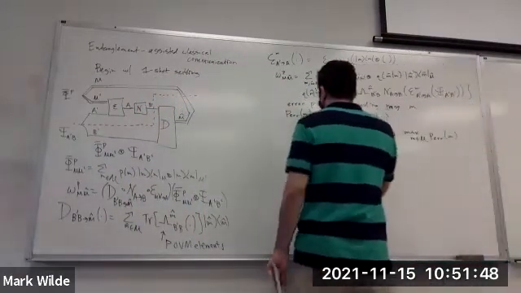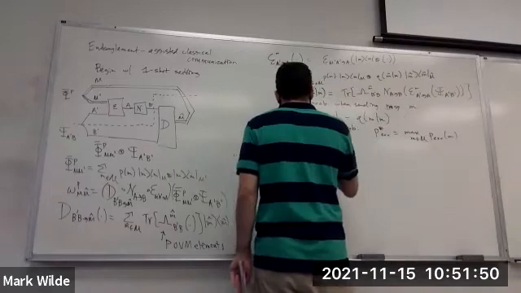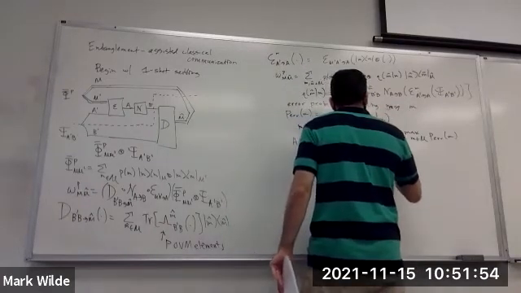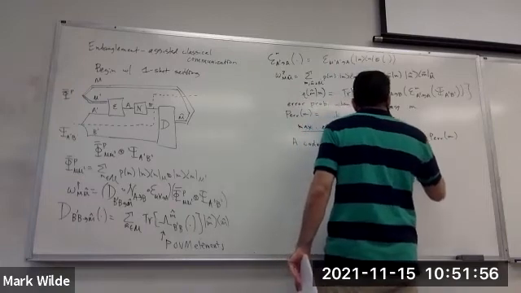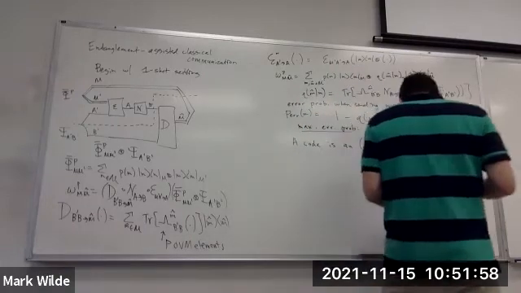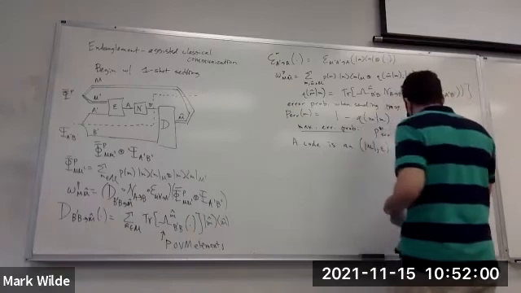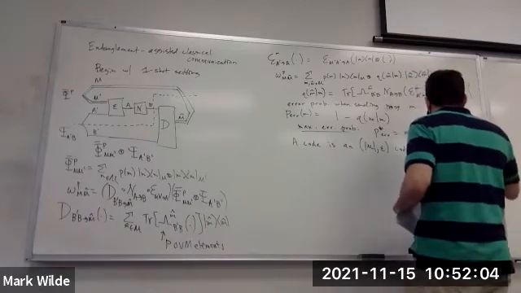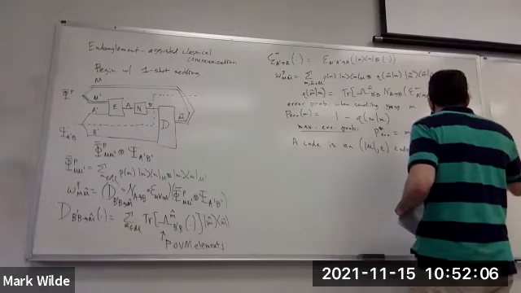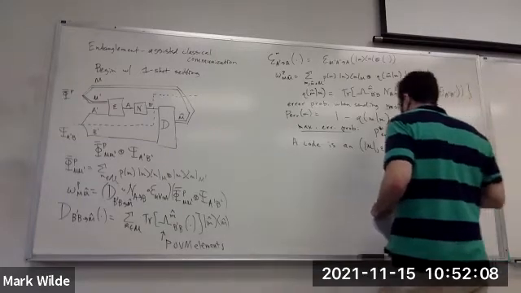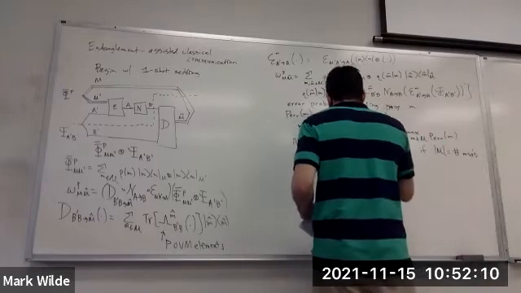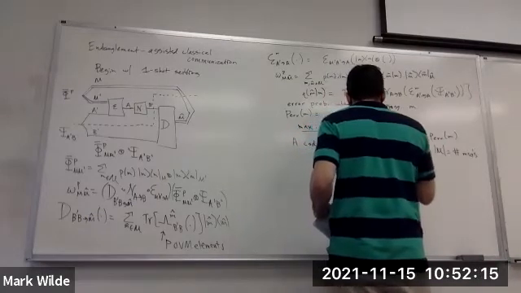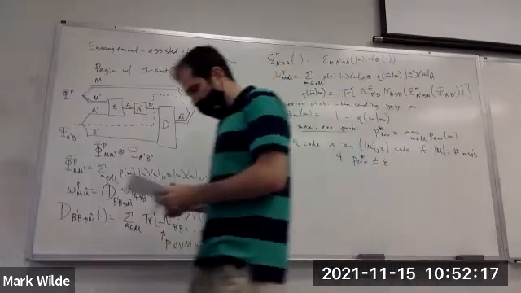So we say that a code is an epsilon code if this is the number of messages and the maximal error probability is no larger than epsilon. Right?